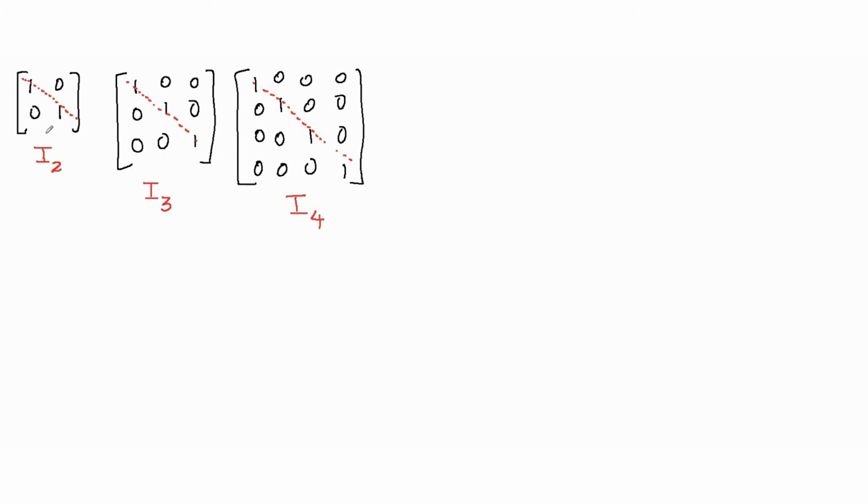So identity matrices can be of any order. Of course, it's a square matrix with the diagonal elements equal to 1. Generally, the letter I is reserved for the identity matrix, and the letter O is reserved for the zero matrix, right?